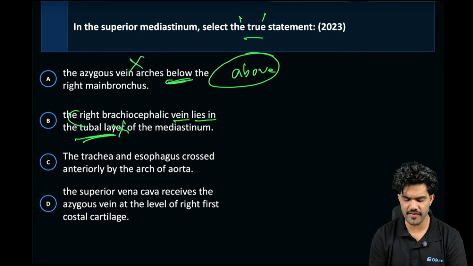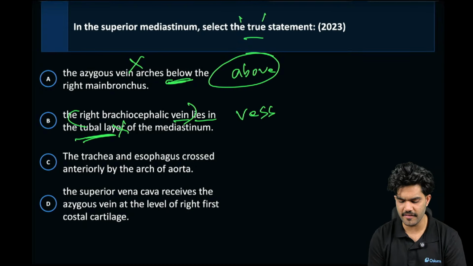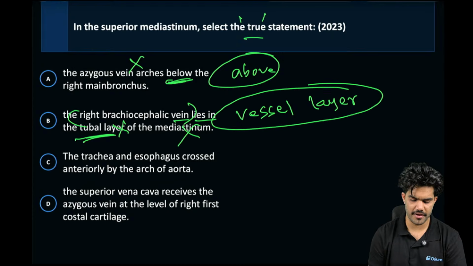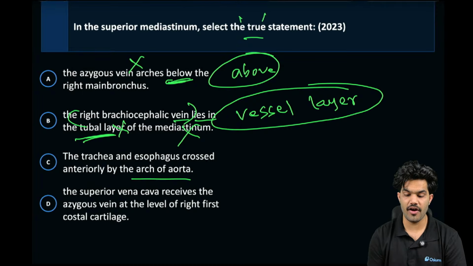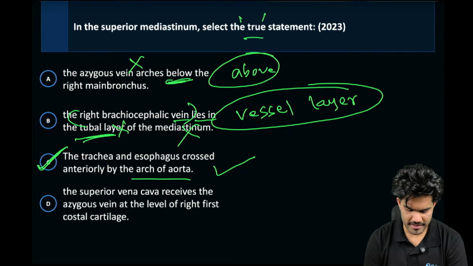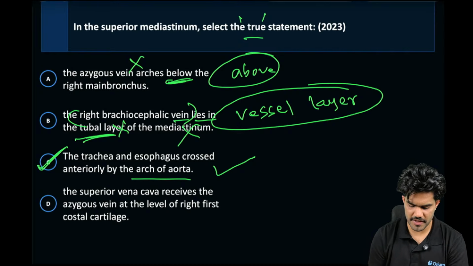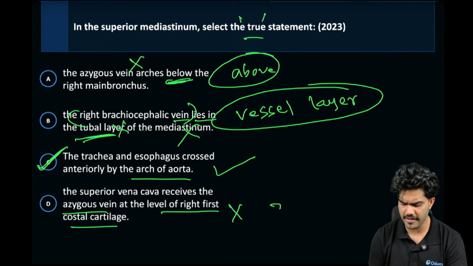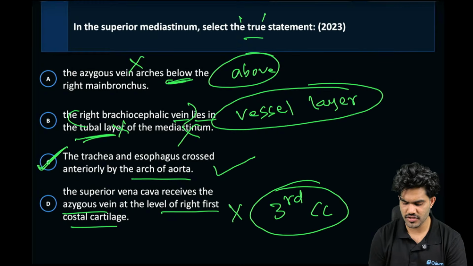No. The brachiocephalic vein will be in the vessel layer, not the tubal layer. The trachea and esophagus are crossed anteriorly by the arch of aorta? Yes, this is the true option. The superior vena cava receives the azygous vein at the level of the right first costal cartilage? No, at the third costal cartilage.